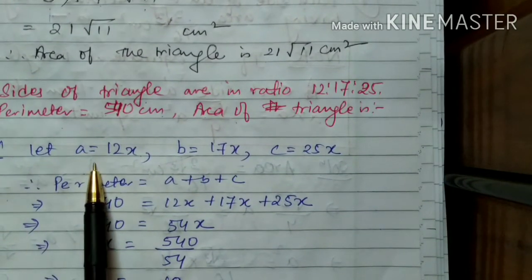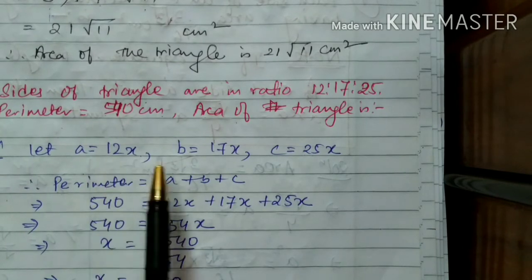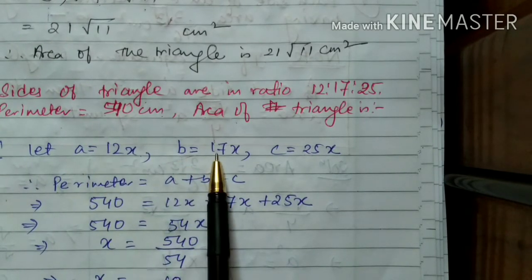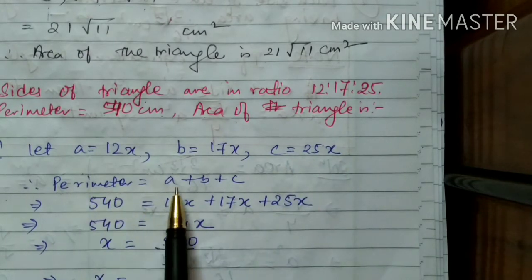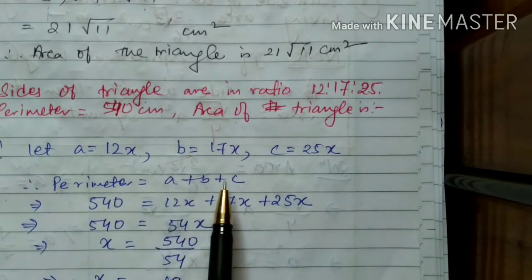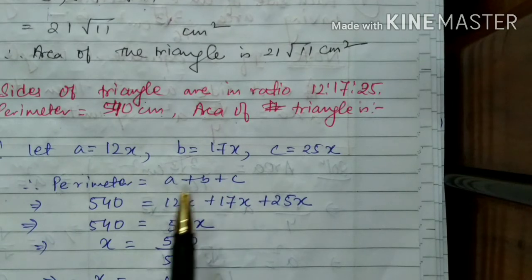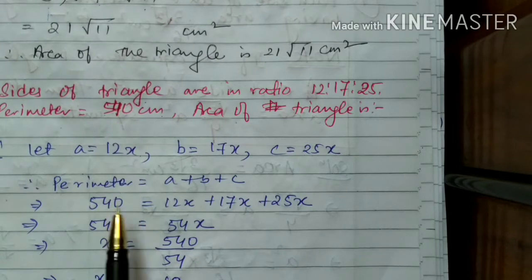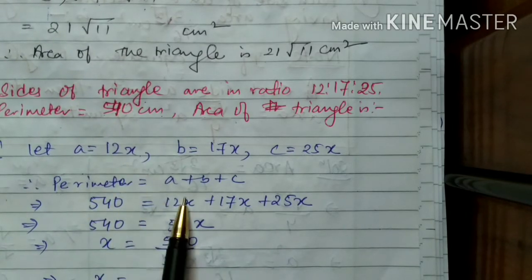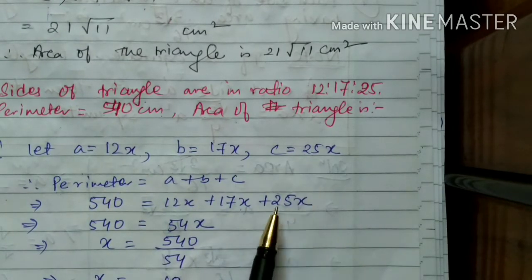So let the first side A is equal to 12x, second side B is equal to 17x, third side C is equal to 25x. So the perimeter is equal to A plus B plus C. We know the sum of the three sides, so we put the perimeter value 540. It was given in the question. 540 is equal to A 12x, B 17x, C 25x.